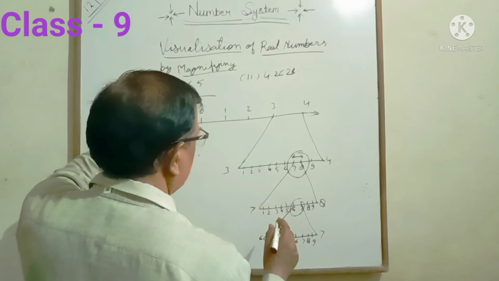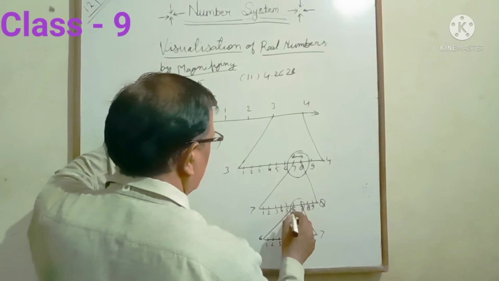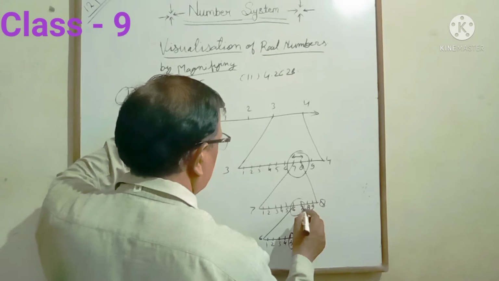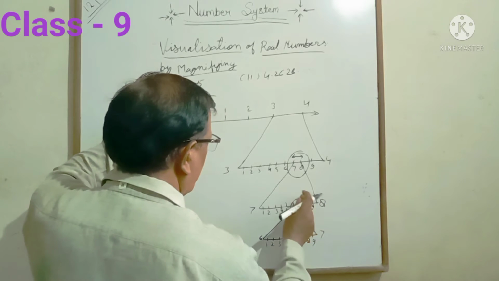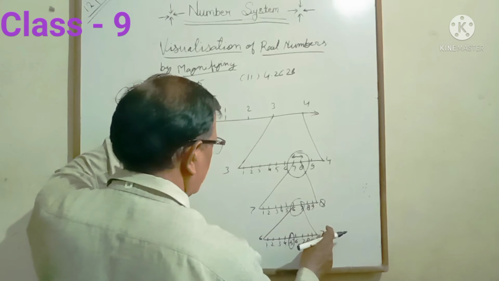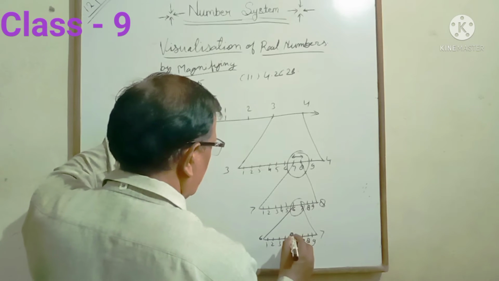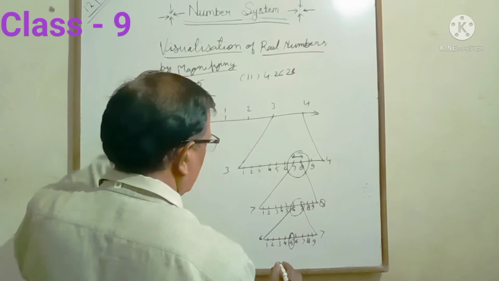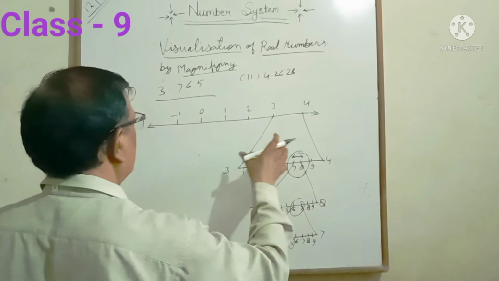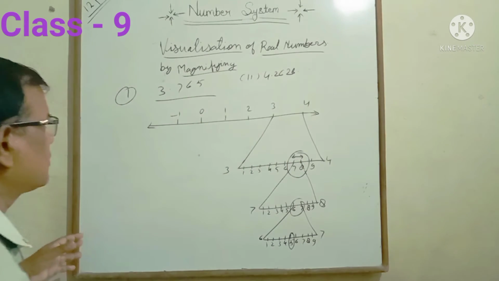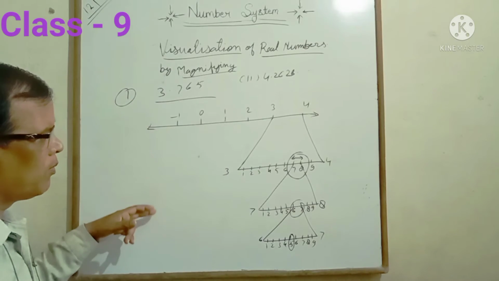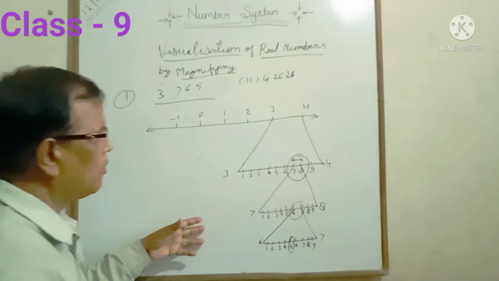Then it lies between 6 and 7, so we magnified 6 and 7 and divided into 10 parts. Now we get 5. This way we can visualize any decimal number by magnification on the number line.